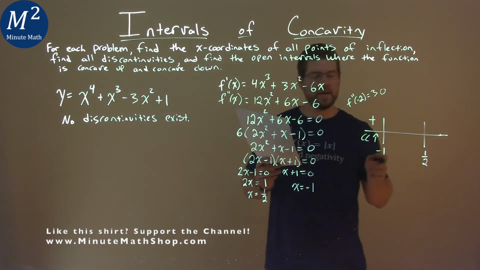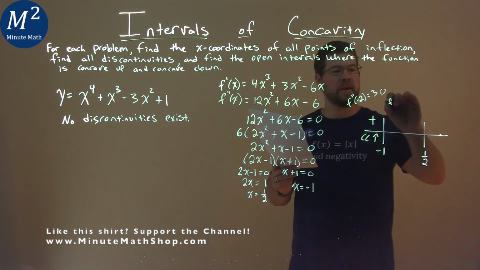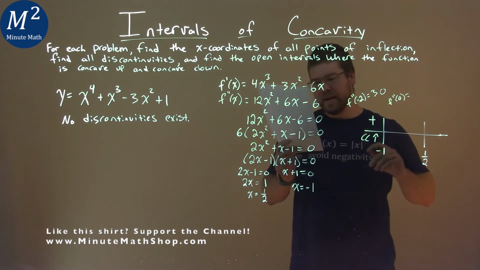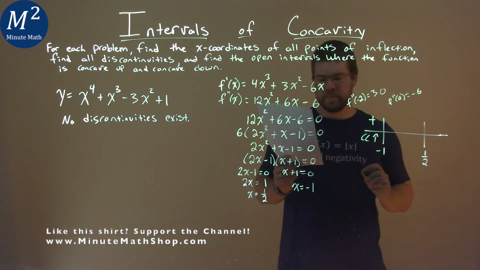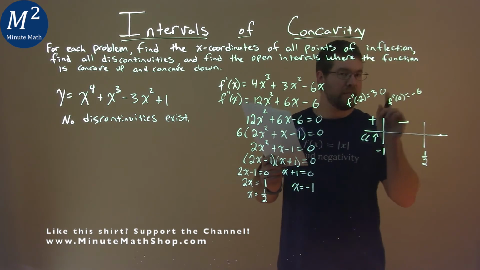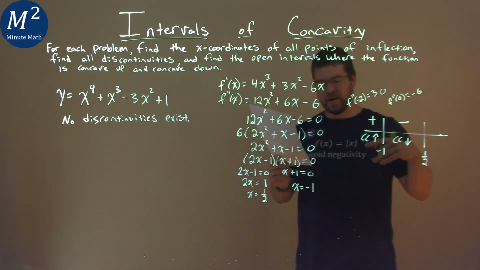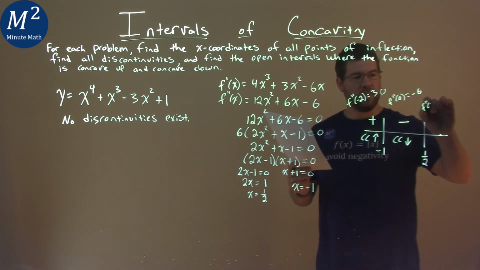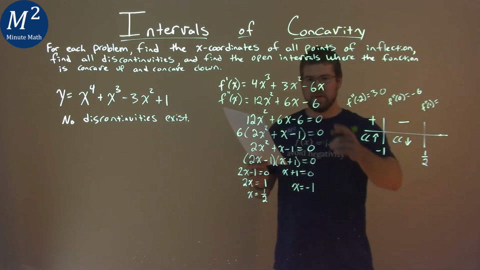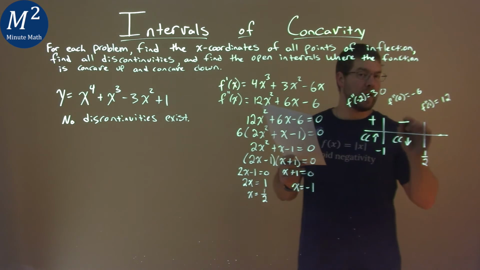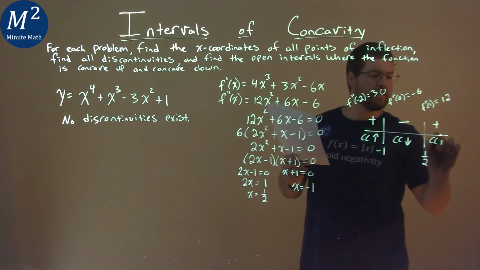Between negative 1 and 1/2, I picked 0, so f double prime of 0 plugged into my second derivative gives a negative 6. That means we're negative, and it's concave down. Lastly, for 1/2, I'll pick a value just bigger than 1/2. I picked f double prime of 1, and that came out to be 12. It's positive 12, concave up.